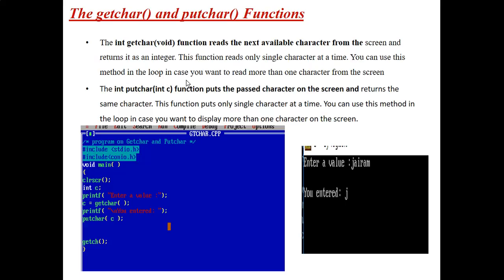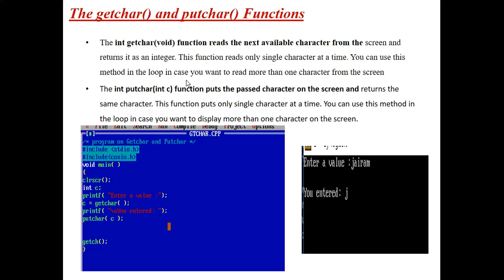It puts only one character at a time. getchar reads one character at a time, and putchar displays only one character at a time onto the output screen. So you can use this method in loops. The putchar method is also used in different types of loops.